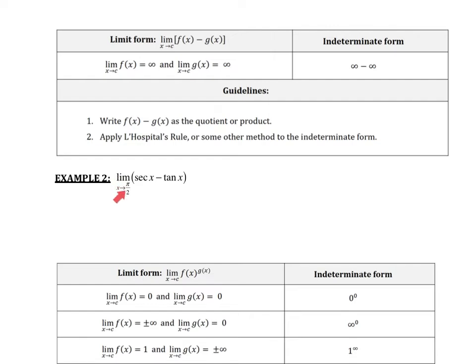Let's say I'm evaluating the limit as x approaches pi over 2 of secant of x minus tangent of x. If I look at it as it's written, I know that the limit of secant of x is infinity, and the limit of tangent of x is infinity.